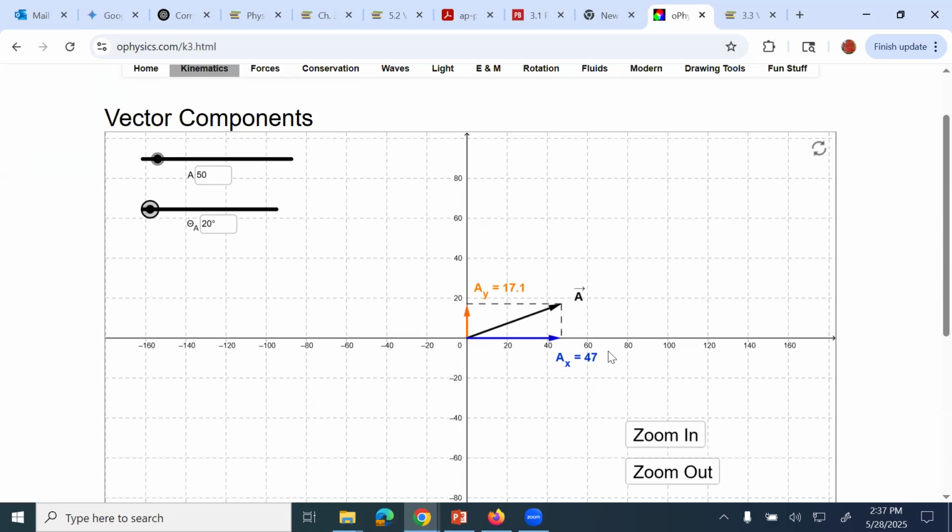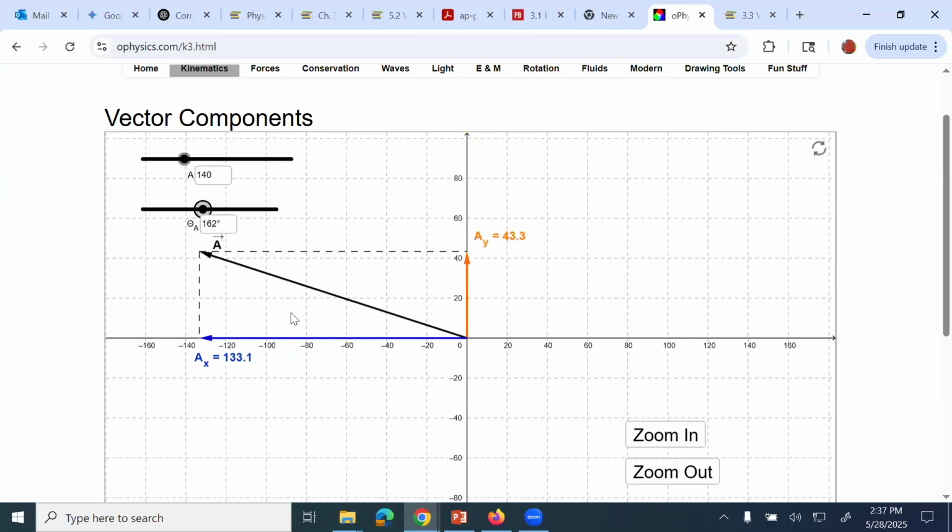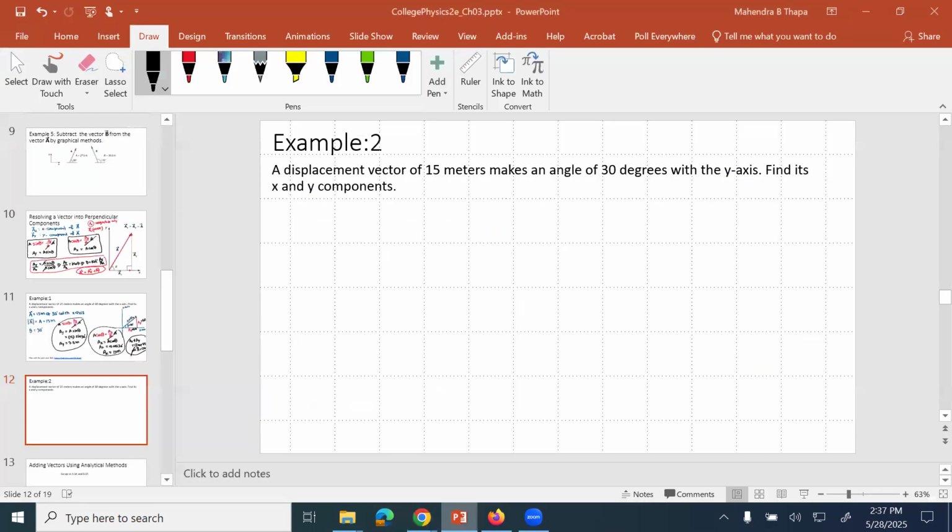If you do the similar steps, you will get the exact same number. Or you can play with different things. Say you have a bigger vector, A is 140, you can change the angle, say 162. This angle is measured from positive x-axis. In this case, your x component is 133.1 and your y component is 43.1. So this is also a tool to play with and get the concept. Feel free to ask any questions during the class.